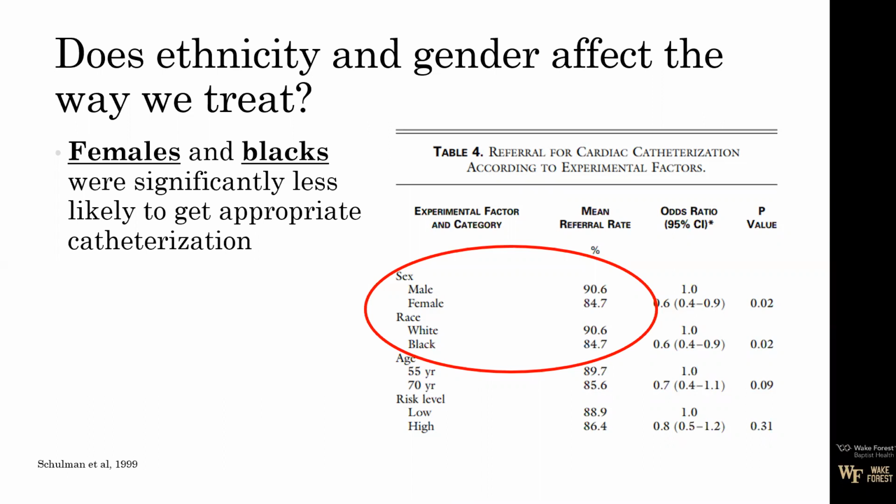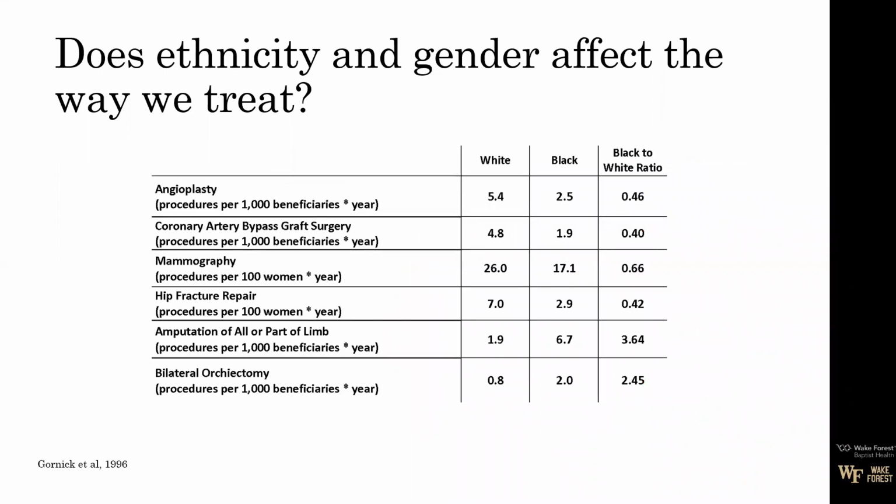Maybe that's not enough. A separate study in 1996 looked at a black group and a white group, and it looked at surgeries. For everyone who would benefit from these surgeries, the black group were less likely to get these procedures even though they needed it.